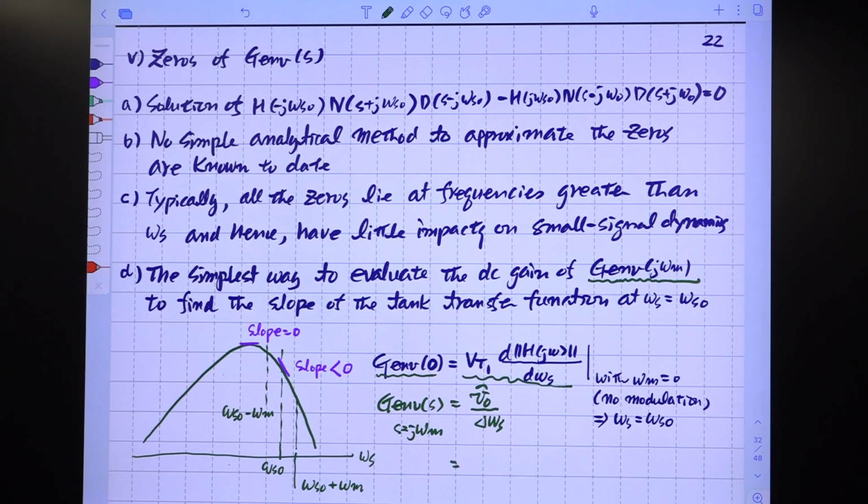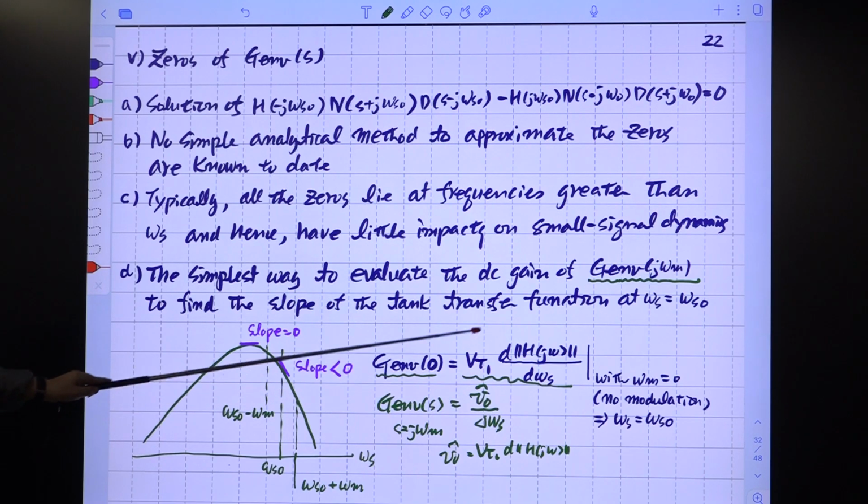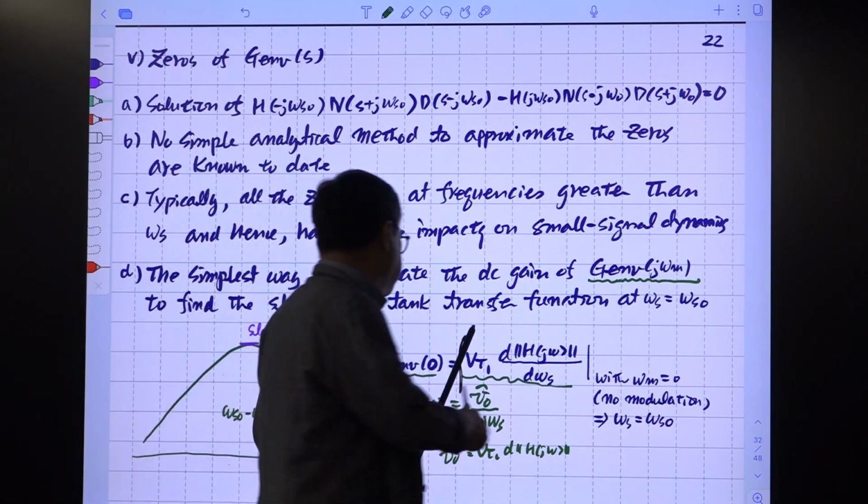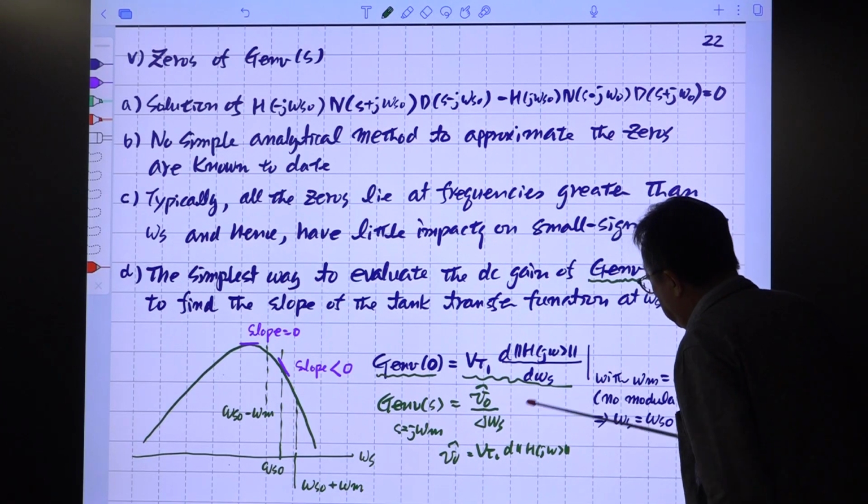And the envelope sinusoid is, let me write this way. Output of this, okay? So the output of this, v o hat, is this one, okay? So this one, and this del omega s is here. We have d omega s.